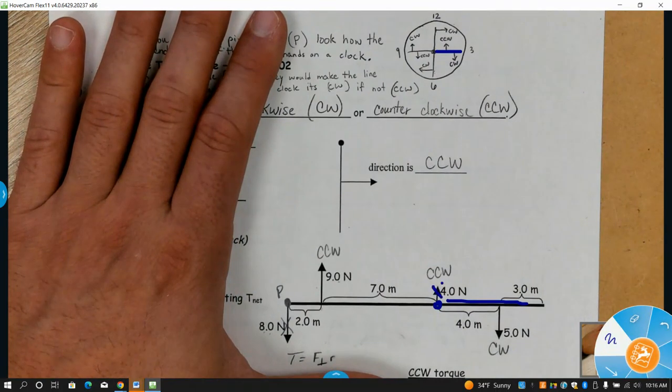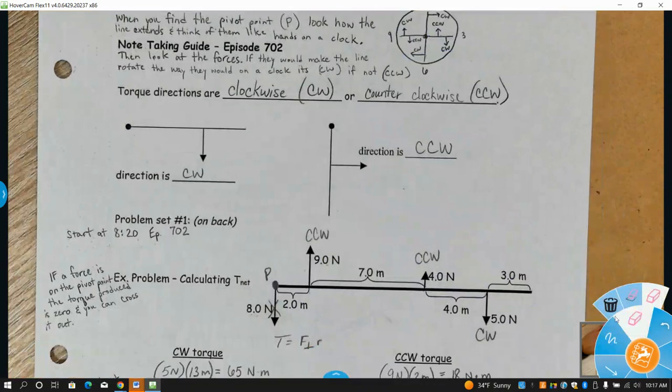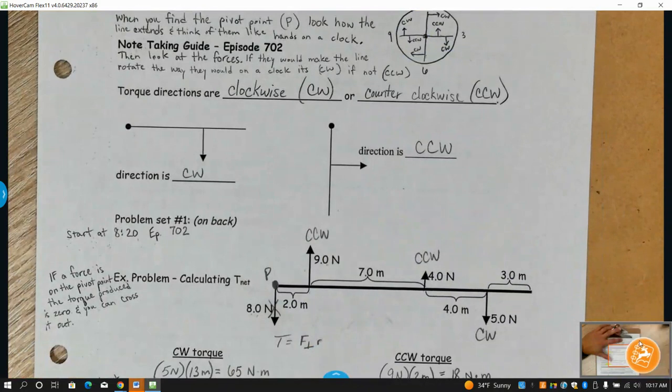This, because it's on the pivot point, we don't pay attention to it. And then the left side is like going out towards 9 o'clock, and this vector would be clockwise. And this 8 Newton force would be pushing it downward, which would be counterclockwise. So a couple of those little things you need to make sure you're cleared up on, but that would be the same exact principle.